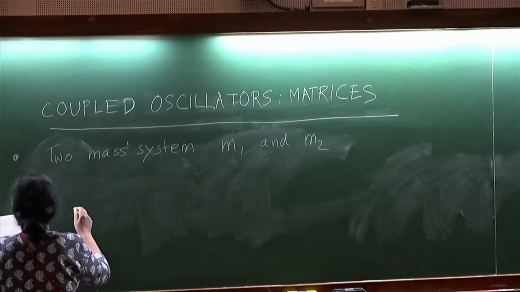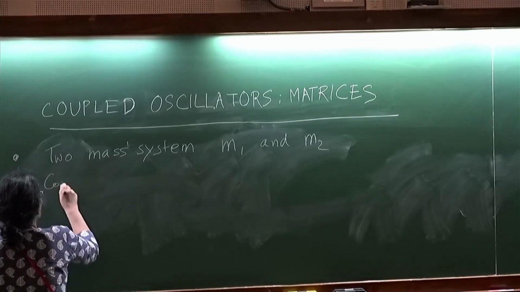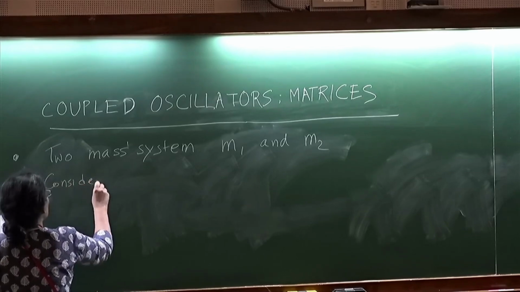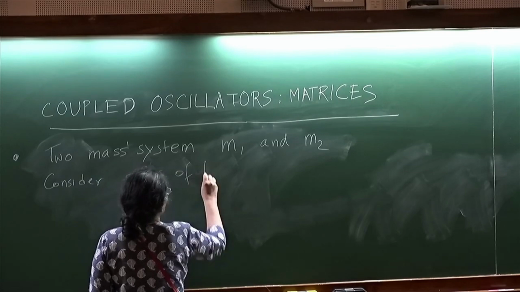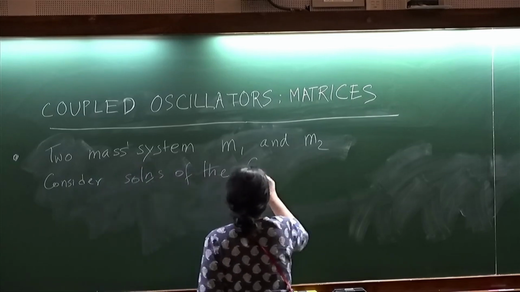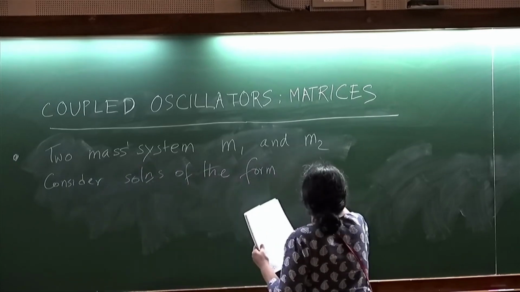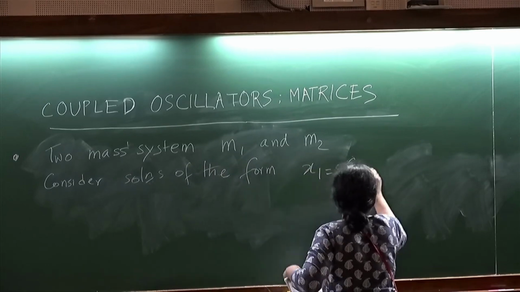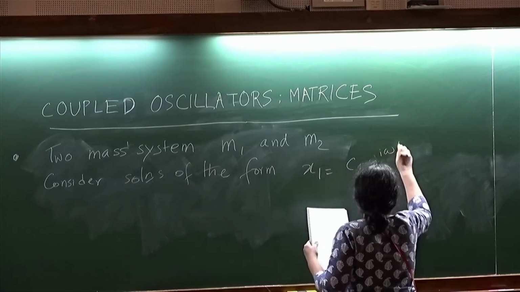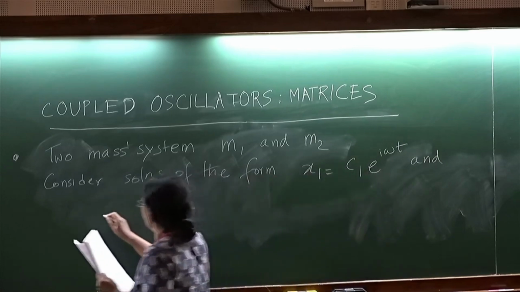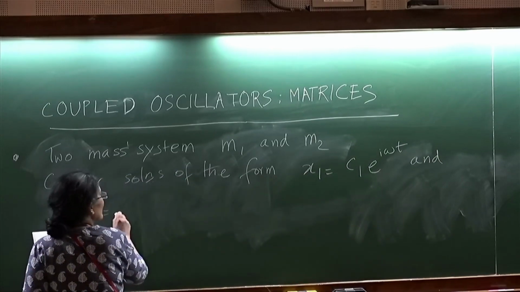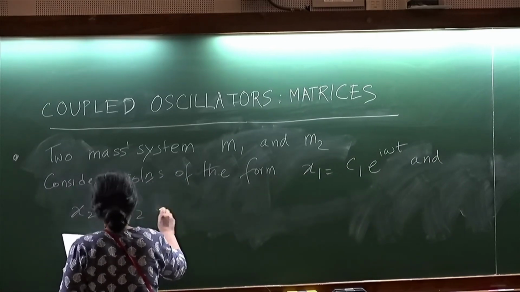So for instance, consider solutions of the form x1 equals c1 e to the power i omega t, and x2 equals c2 e to the i omega t.